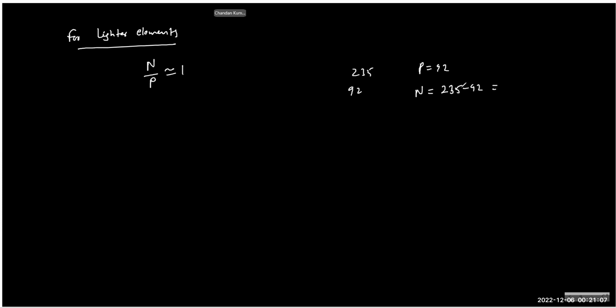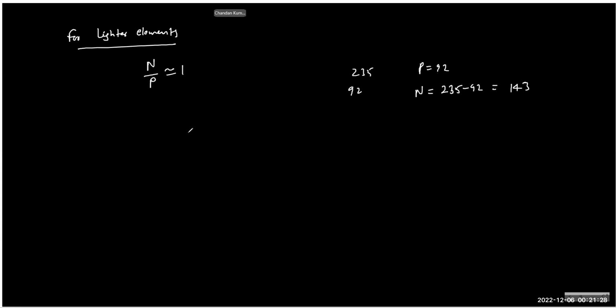So how much is this? 235 minus 92 gives 143. So 143. You can see the proton and neutron numbers.